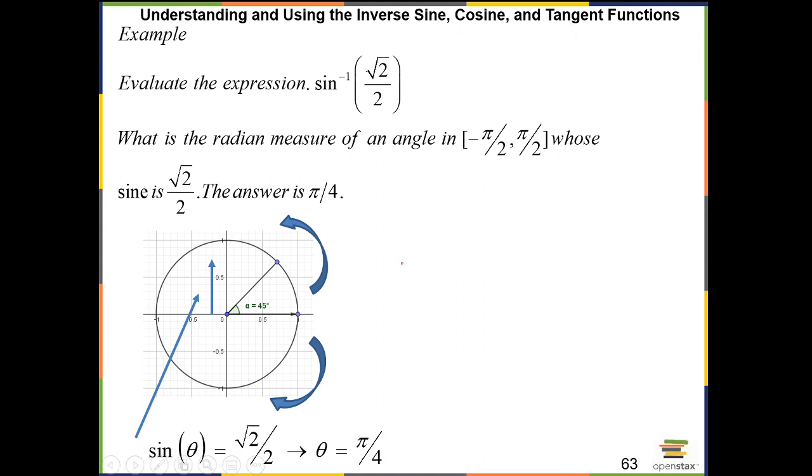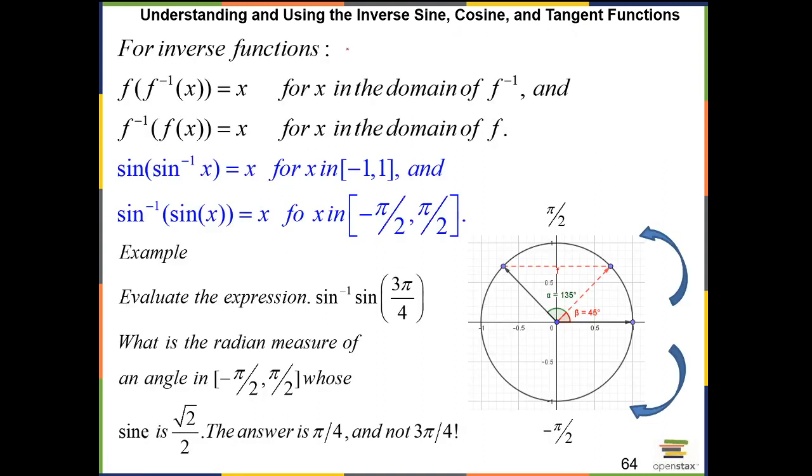Okay, so that's it. Now we know from algebra that if you take two inverses, let's say f of x equals x squared, and f inverse is the square root of x for only x greater than or equal to 0. If you take the square root of x and input it into f, you get x.